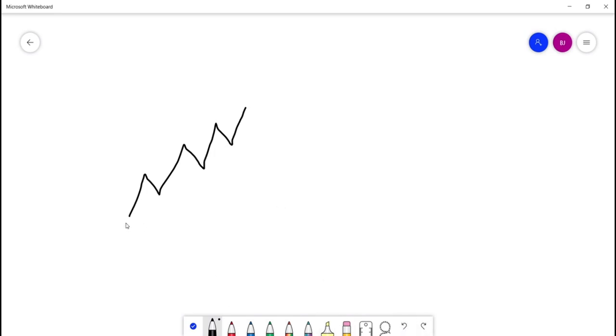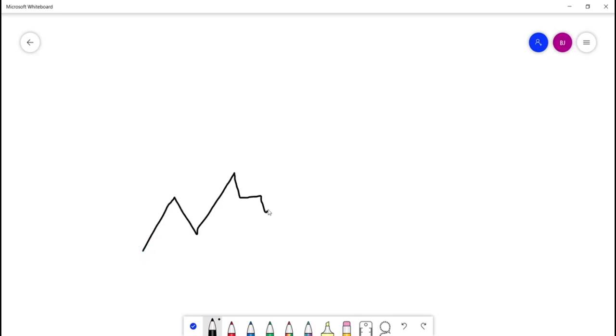So, let me draw this again. A couple of ways you can look for a trend line break. On the main trend, this is the main trend right here. If it breaks it with conviction, I'm looking for a trade to the downside. Now, with the pullbacks, let's say that we have a trend right here to the upside.